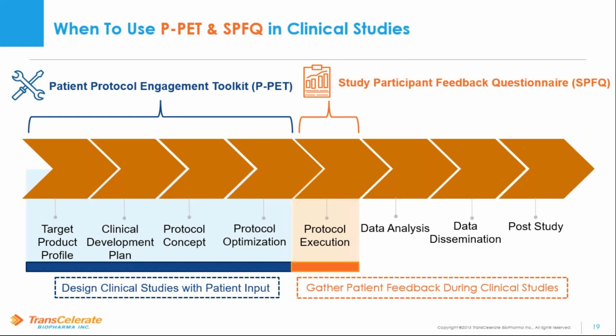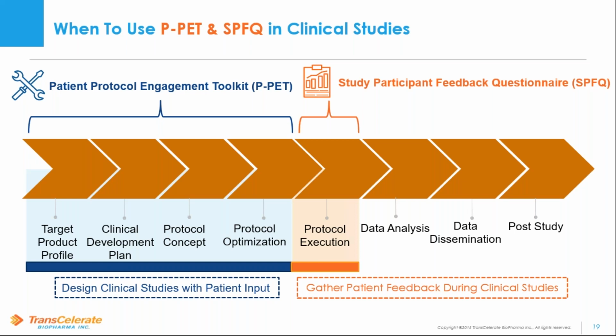So these two toolkits, as I mentioned earlier, bookend the process. The PPET, or Patient Protocol Engagement Toolkit, we envision in use early during design of studies, as early as target product profile, or even into protocol optimization, and perhaps even at multiple time periods through that process, as the questions and the refining of the questions that you might want to speak to patient advisors would adapt and develop during that time.